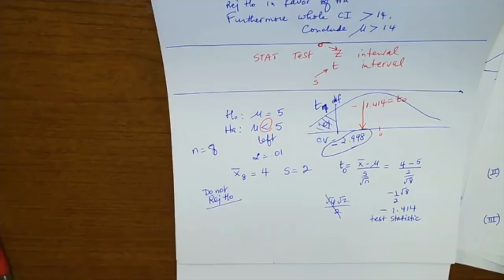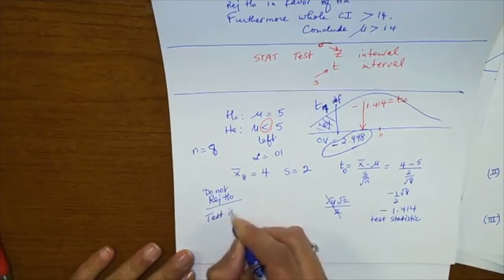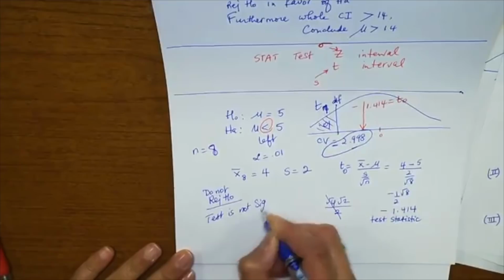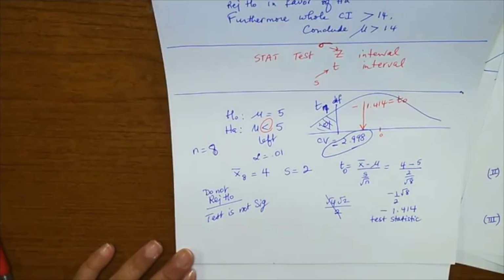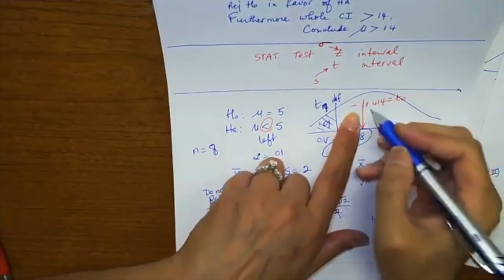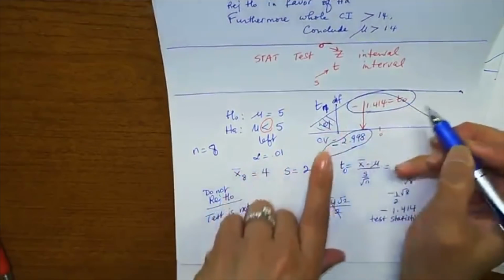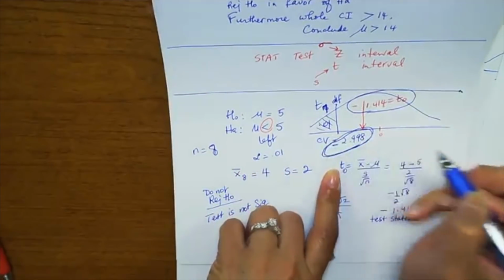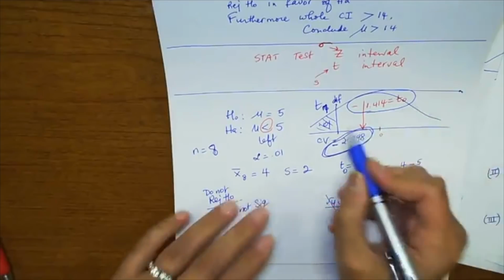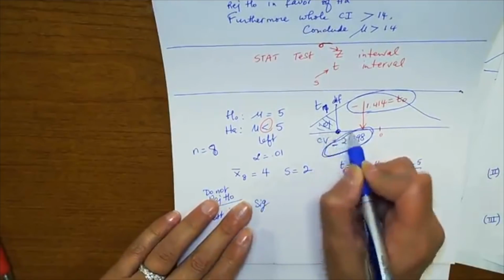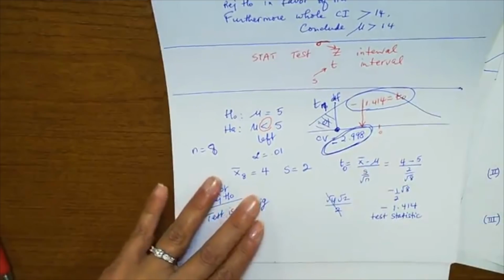Does that make sense? The test is not significant. What did we do with the negative 2.998? I compared this number to that number to see if it falls to the left of it or not.